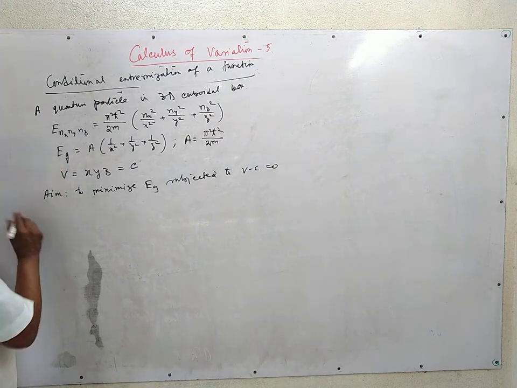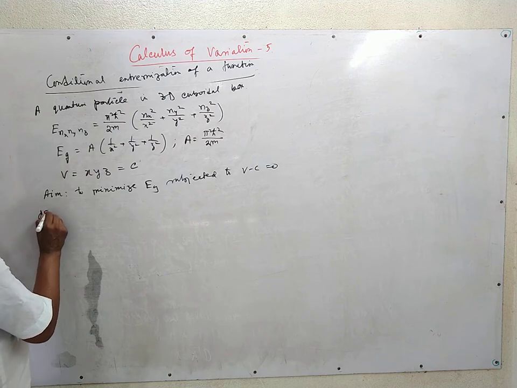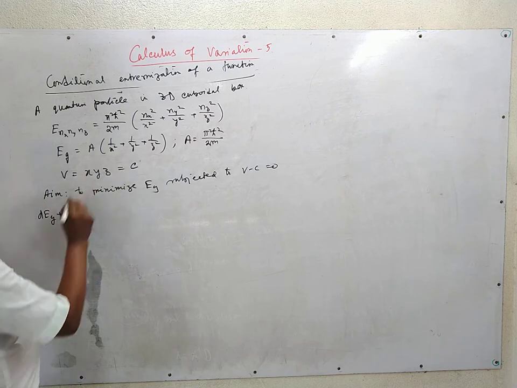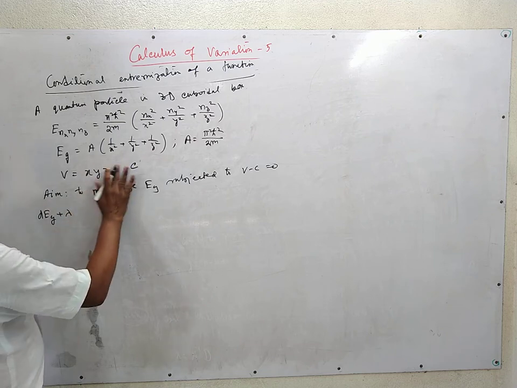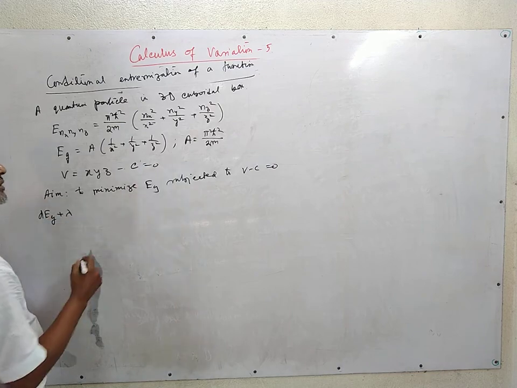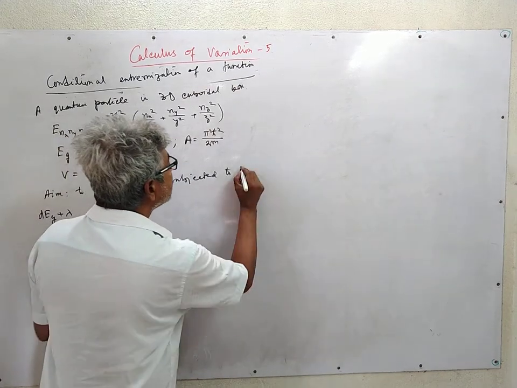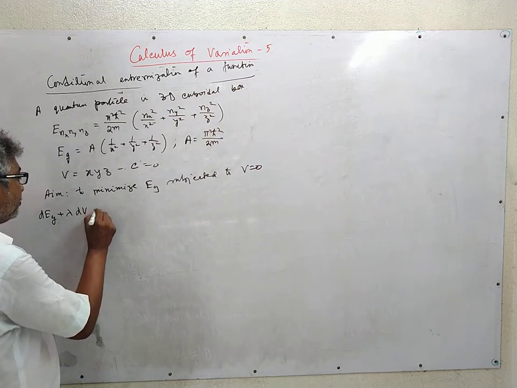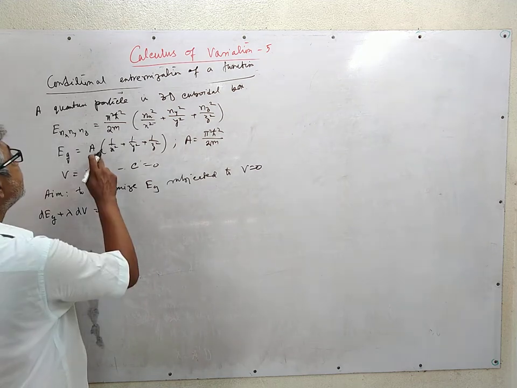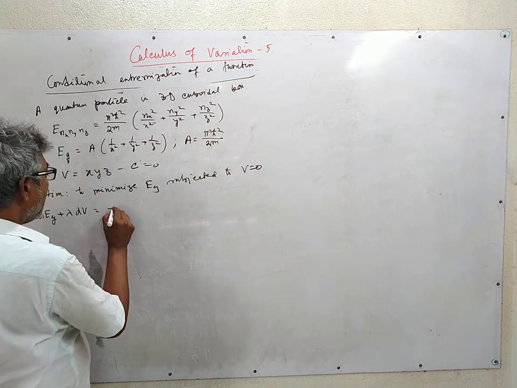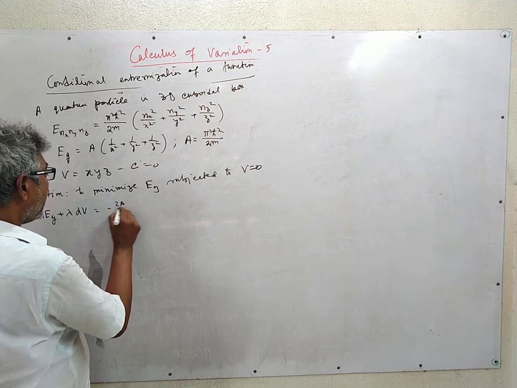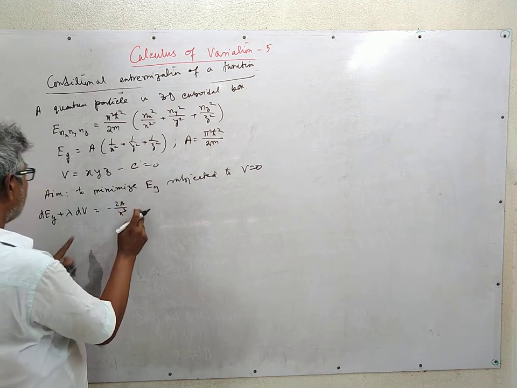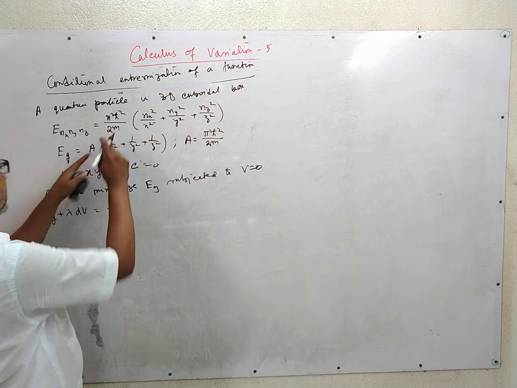So we set dEg plus lambda dv equal to 0, subject to the condition v is equal to c.